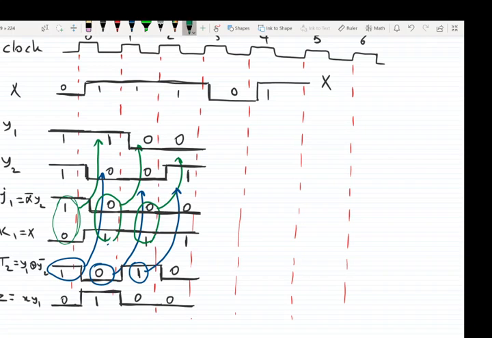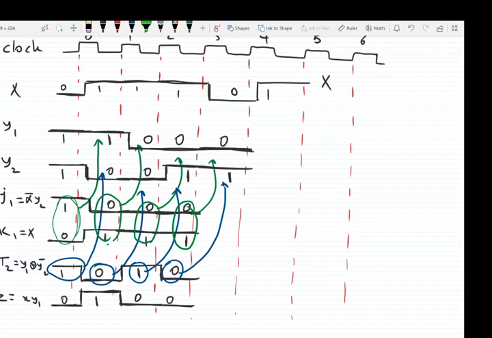Next state, 0 and 1. Again, 0 and 1 means reset, so Y1 still is 0. Y2, from here, T2 is 0, so Y2 has no change, it is 1, so it remains 1. Then again continue to calculate J1. J1 is X bar, X this time is 0, so X bar is 1.